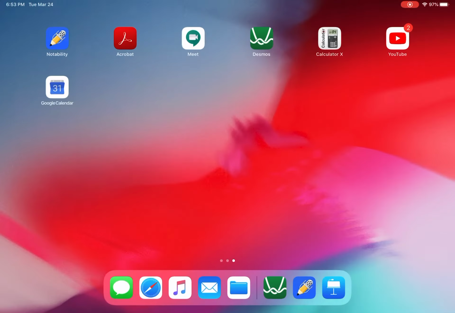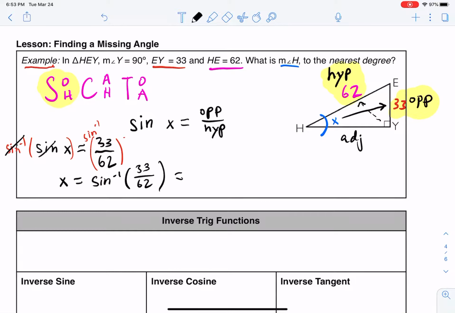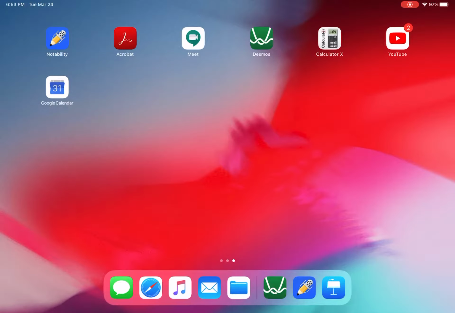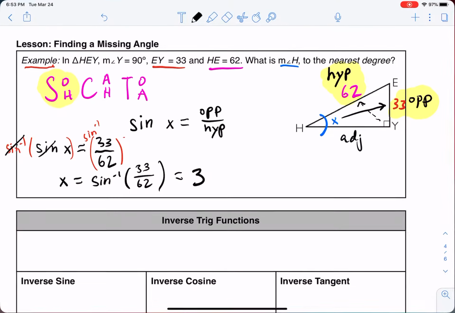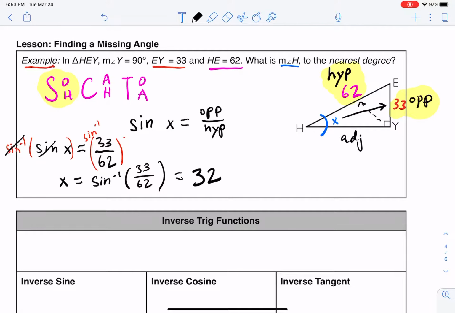And it keeps going, but because we're just asked to find it to the nearest degree, the angle again is 32.15. To the nearest degree would just be 32 degrees. All right, so x equals 32 degrees. All right, so that's how we use inverse sine functions.